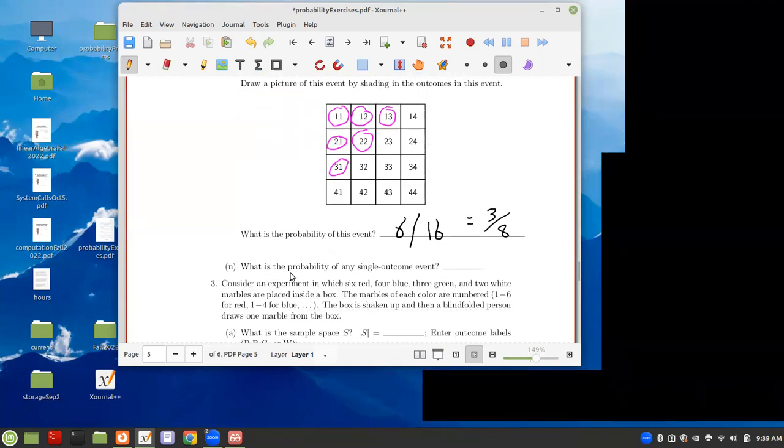Okay. Here's one more general question. What is the probability of any single outcome event? A single outcome event is called a simple event.